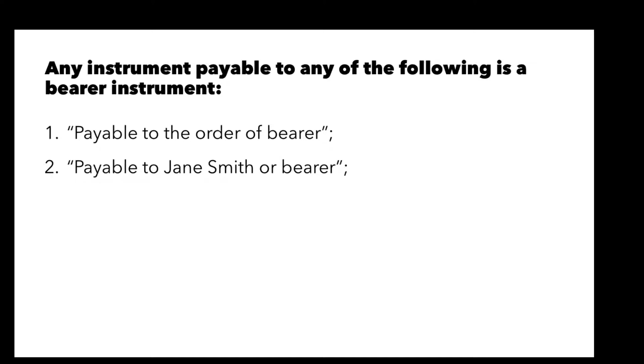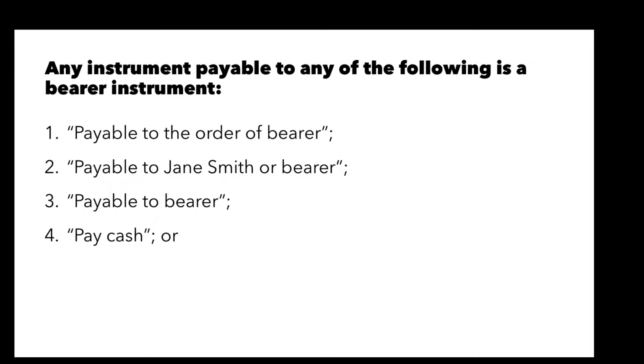An instrument payable to any of the following is a bearer instrument. For instance, payable to the order of bearer, payable to Jane Smith or bearer, payable to bearer, payable to cash, pay cash. Sometimes you can cash a check by writing pay to the order of cash.